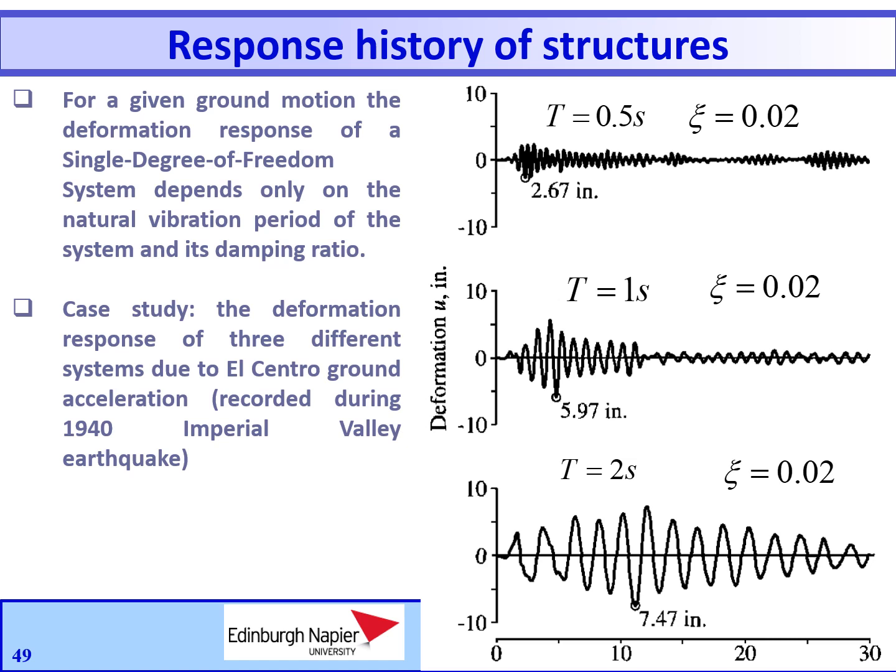The damping ratio is 2%, the same for all three systems, so that the only differences in their natural periods are those that are responsible for the large differences in the deformation responses.